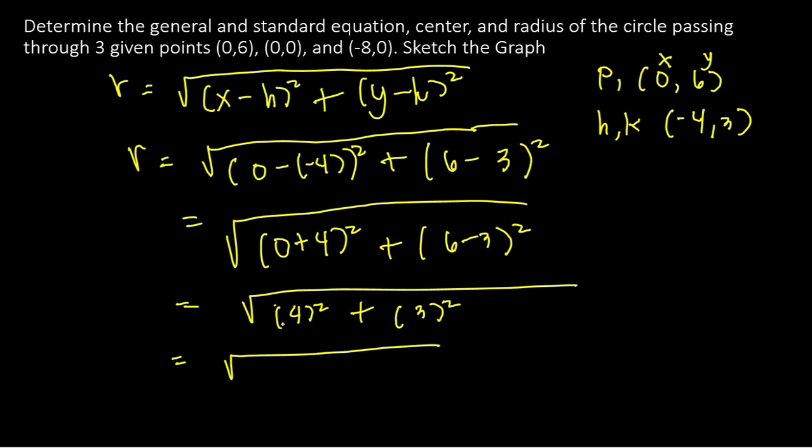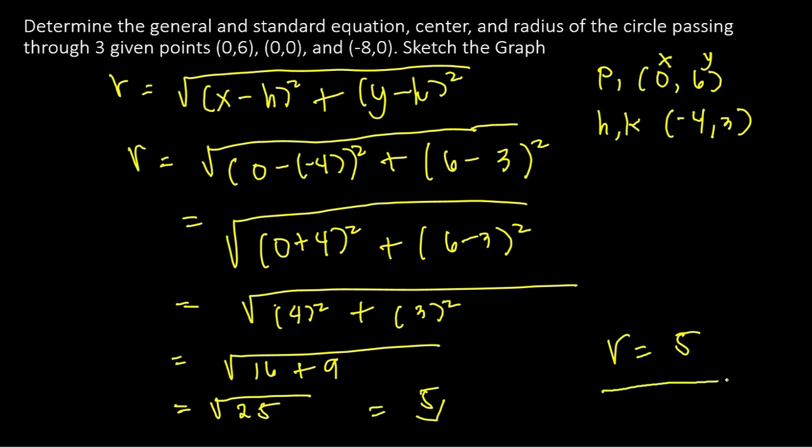So next, 4 square, meron tayong 16. 3 square, we have 9. So 16 plus 9, we have square root of 25. And square root of 25 is equal to 5. So meaning to say, yung ating radius ay 5.